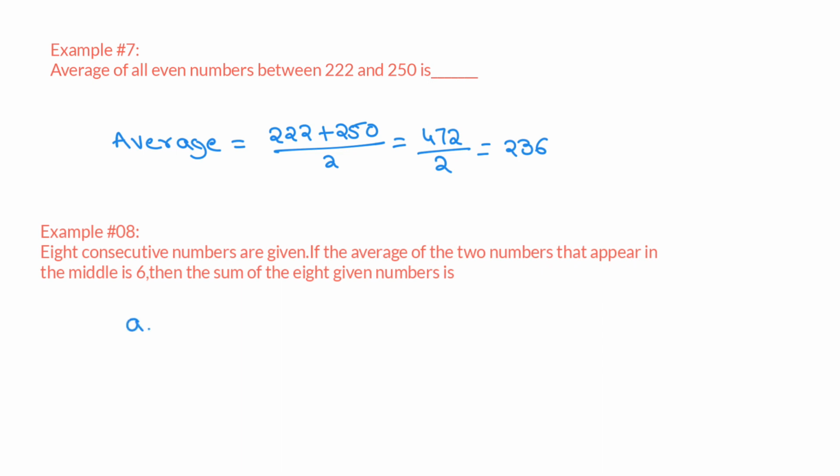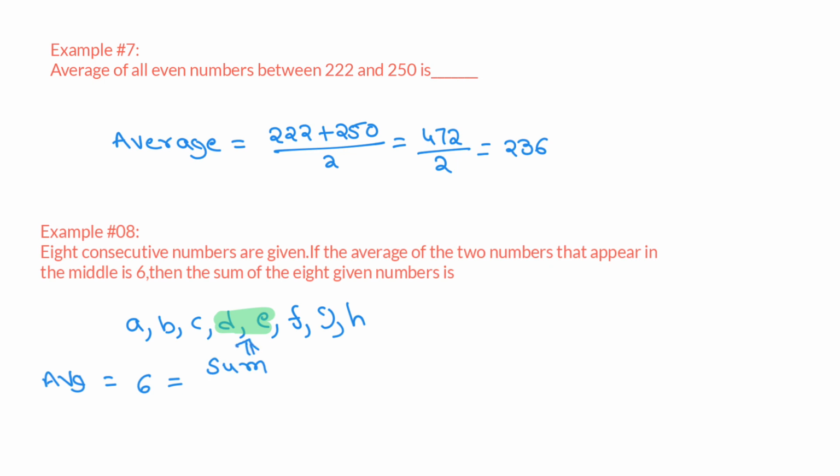Let us designate them as A, B, C, D, E, F, G, H. From quick trick 2, we can say that the average of these 8 consecutive numbers would be the average of these two middle numbers, and that average value is given to us, so that the average of the given sequence is equal to 6.